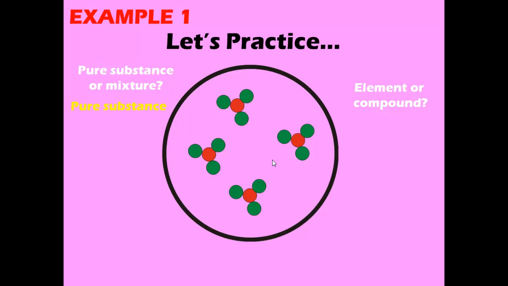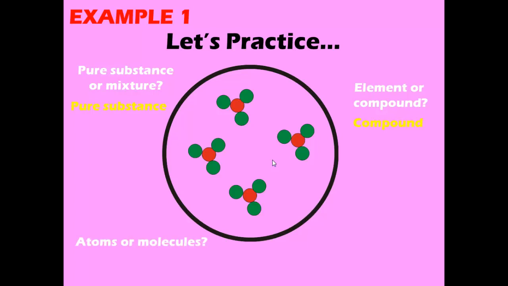An example of that might be all green atoms or all red atoms. I don't see that happening here. I do see the same particle repeated again and again, but within each particle I definitely see 2 different types of atoms chemically bonded together. That is the definition of a compound.